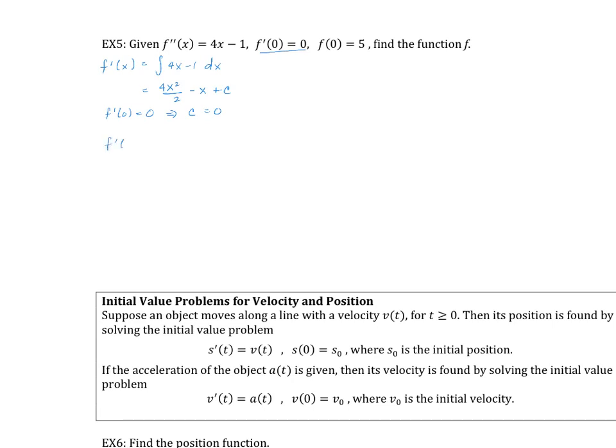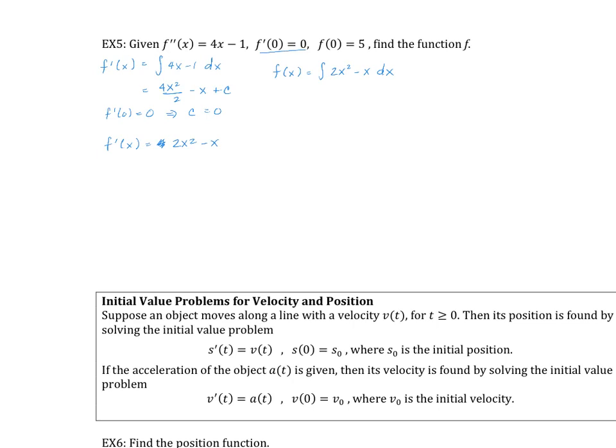So if I rewrite my first derivative, it's simply 2x squared minus x. But I didn't want just the first derivative. I wanted my function, which means I need to integrate my first derivative, 2x squared minus x dx.